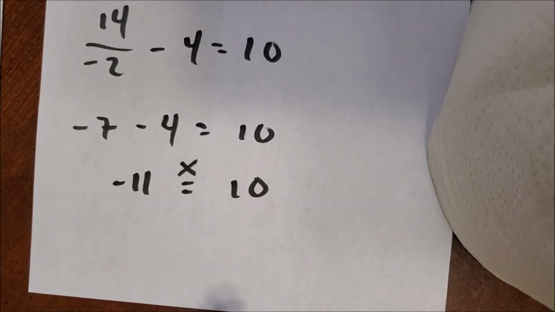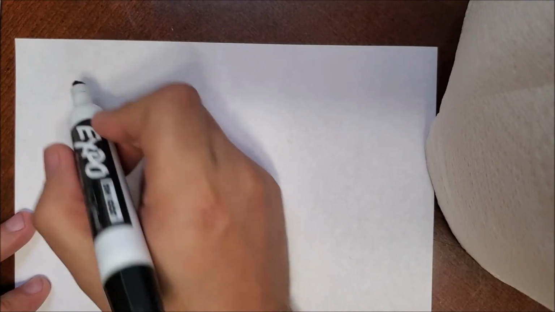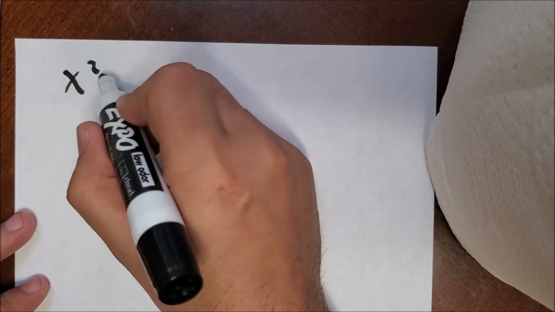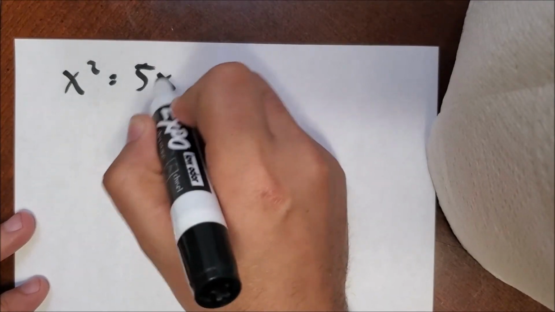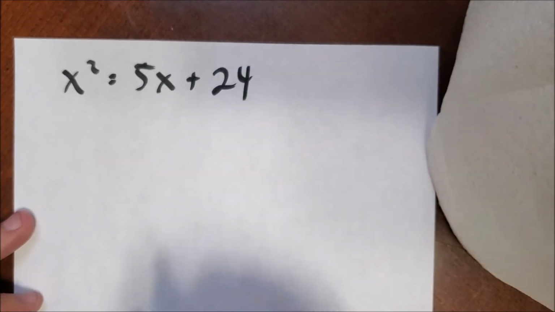So let's go ahead and look at another example. Let's consider something like x squared equals 5x plus 24.